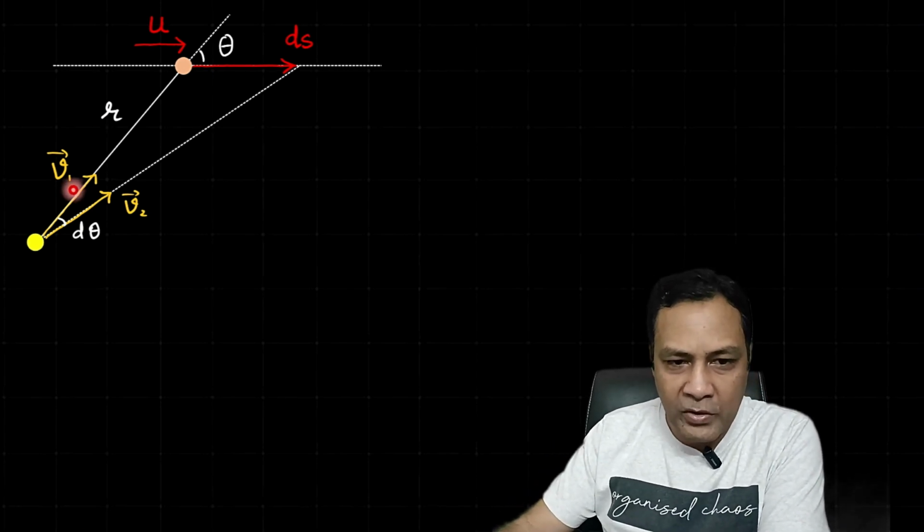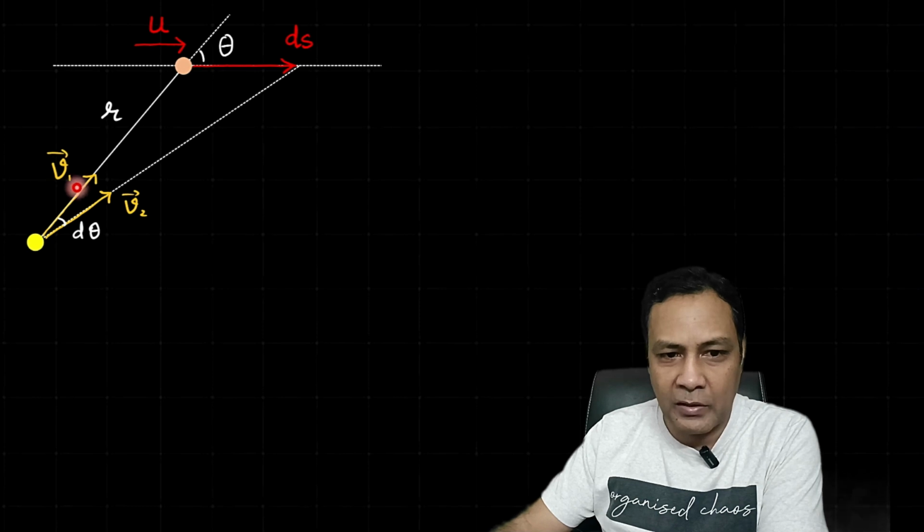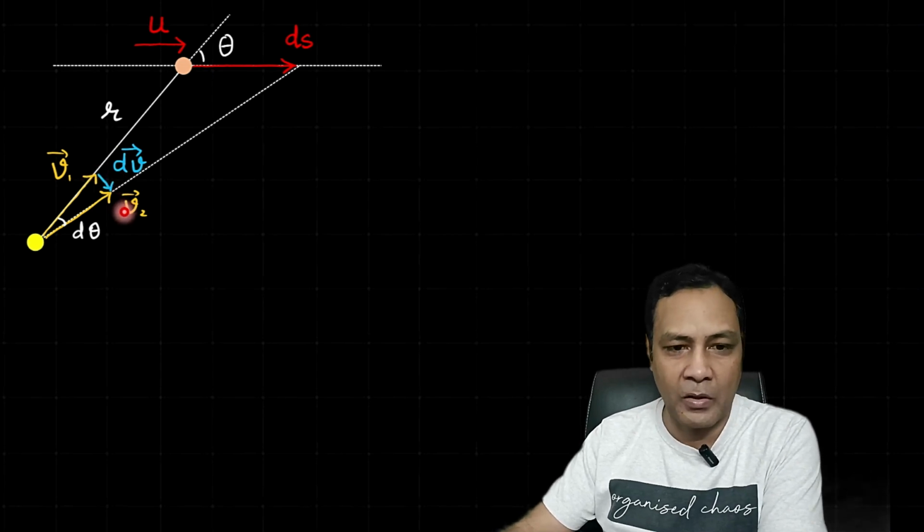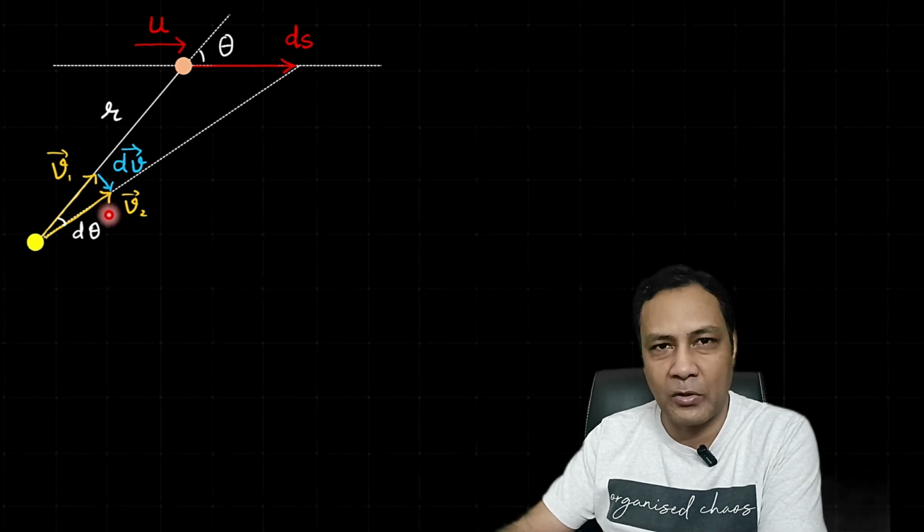Now v1 vector and v2 vector are constant in magnitude, but their directions are changing. So from here to here, the change in the velocity of the cheetah would be say dv vector. This is the change in the velocity, and this interval is dt, the time interval.